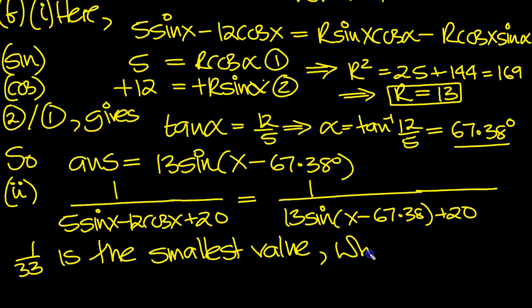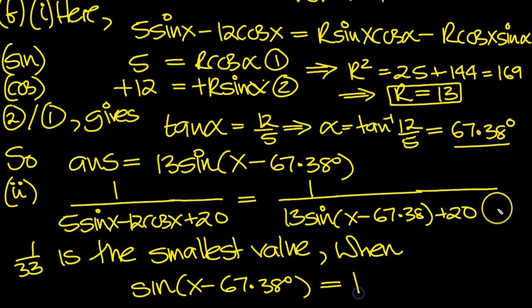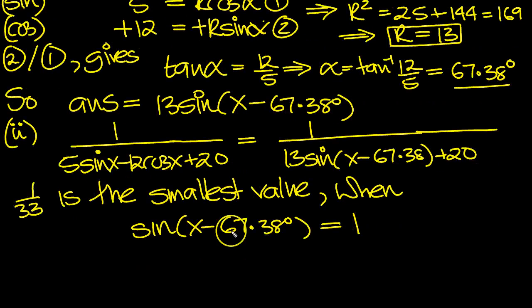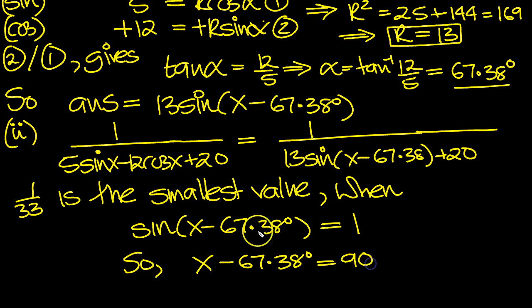And that happens when this sine function is equal to 1. Now we know that sin 90 is 1, so we can get the x value. So x minus 67.38 degrees must equal 90 for the sine of this to be 1.